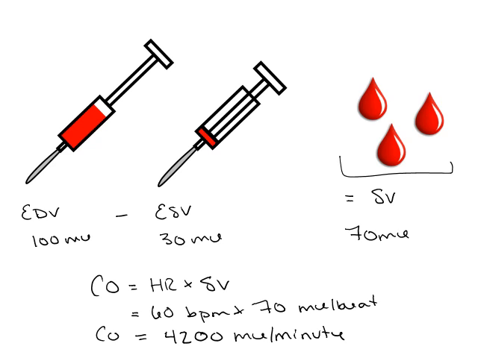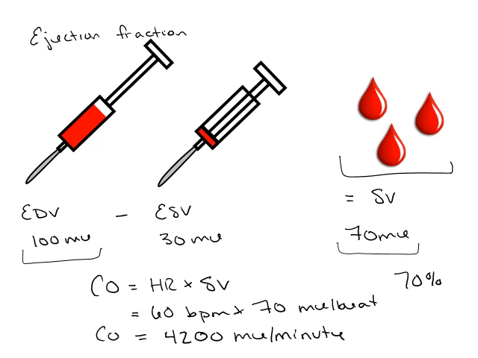One other equation I want you to be able to work with is something called ejection fraction. What ejection fraction looks at is how much of the blood that started in the ventricle got pumped out. The formula for this is relatively intuitive. So in our example, we started with 100 mils of blood and 70 mils got pumped out. So it looks like 70% of the blood was pumped out, and that's the case.